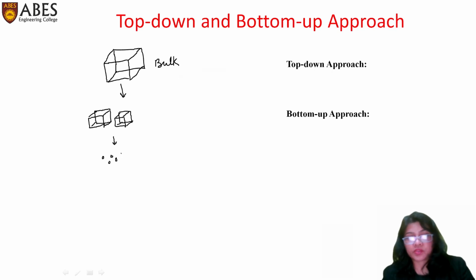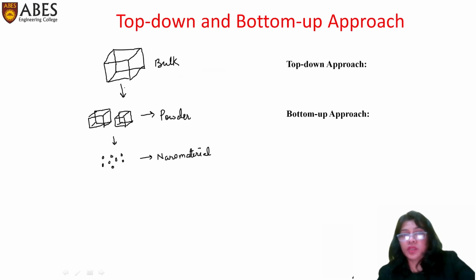This is the nanoscale material or nanomaterial. When the size of the bulk is reduced, it is called powder form. And when it reaches the measurement of nanoscale, it is called nanomaterial. This is the top to down approach. There is a bulk material and a pattern is drawn on it, and then it is reduced to powder size and then to the nanomaterial range. The top to down approach is generally used in electronic industries.